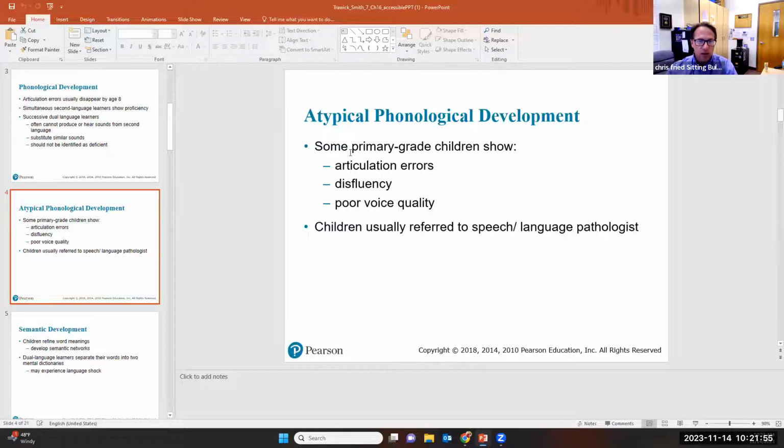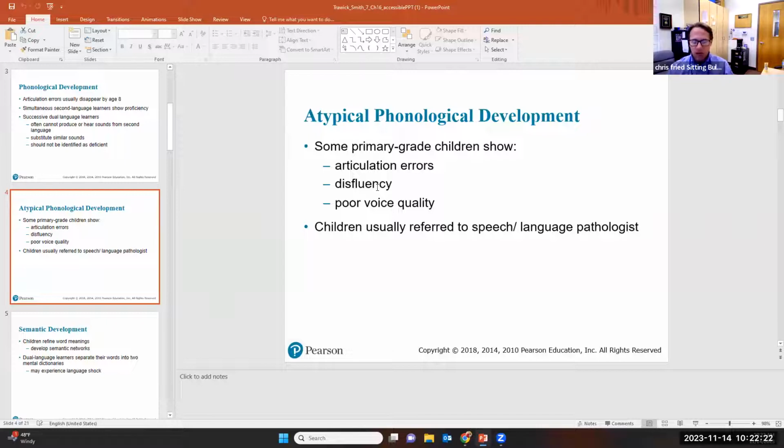Some primary age children show articulation errors in the pronunciation of things and how they're saying them. Disfluency. Fluency is how well we read a series of words, sentences, those types of things. So disfluency is where there is not that even reading of the words, where it just kind of rolls off the tongue.